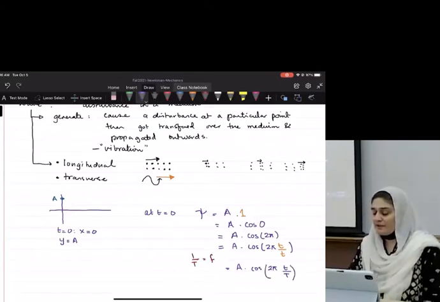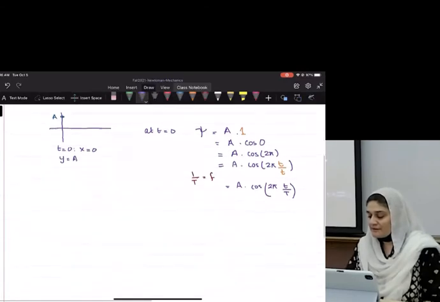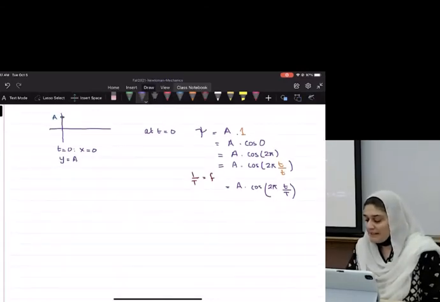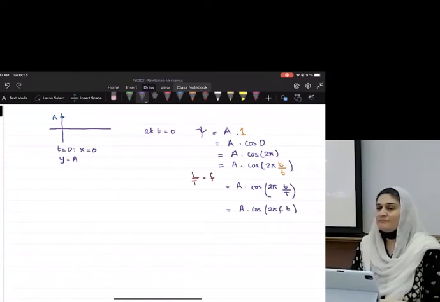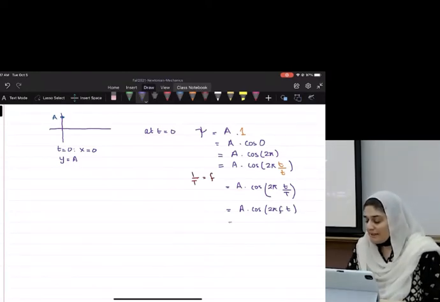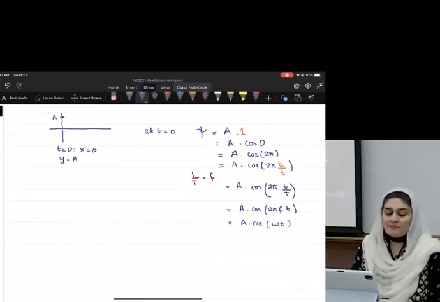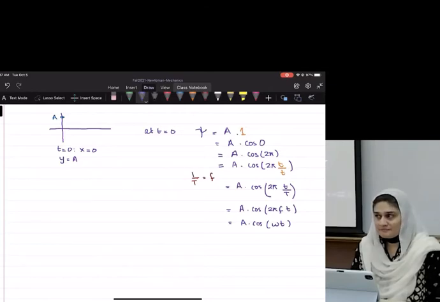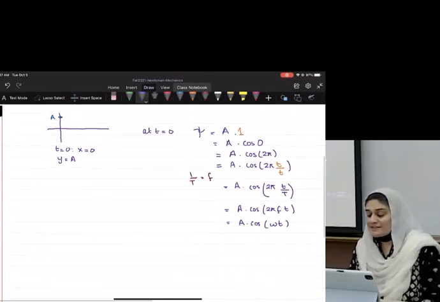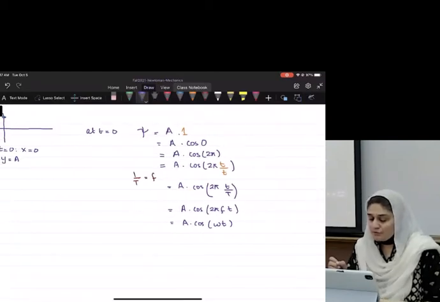Is my period 1 over f? May I rewrite this as a cosine of 2 pi f t? And may I rewrite this as a cosine of omega t, where omega is the angular frequency. So far, so good?